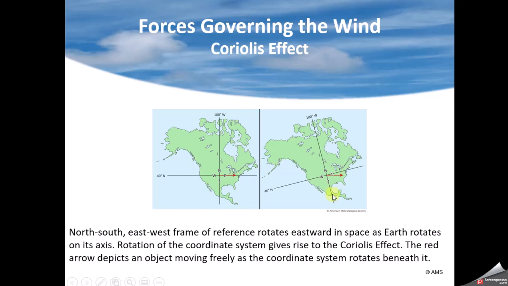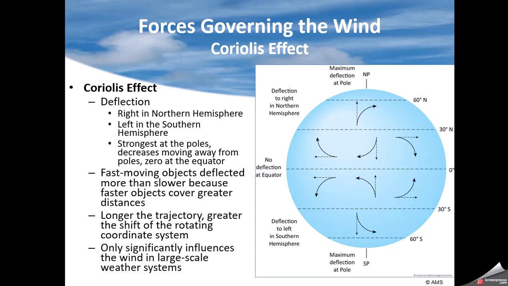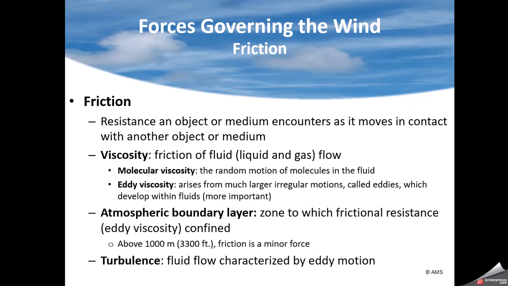So that same object is going to feel a force acting on it to the right, because even though that northernmost point hasn't hardly moved, where it's at has moved as the Earth rotates. So by the fact that the Earth is rotating, there is a force acting on that air parcel that's pushing it to the right. Here you can see it. All the deflections are stronger the further north you get, and less at the equator. But these are all forces that act on that object with the Coriolis effect.